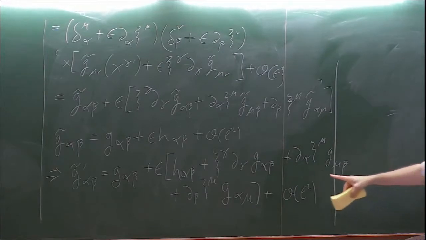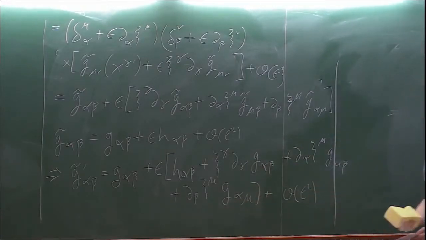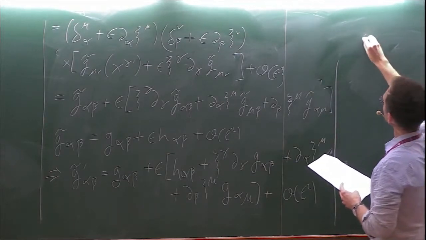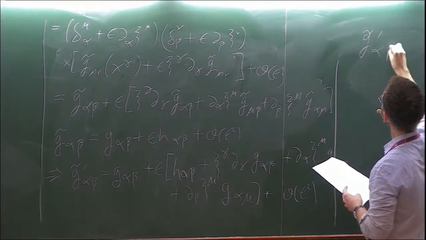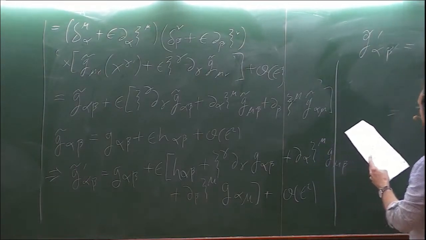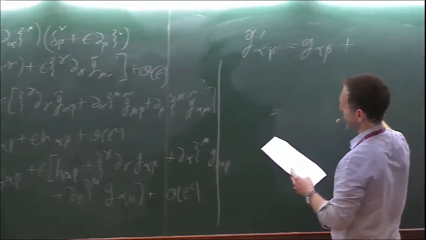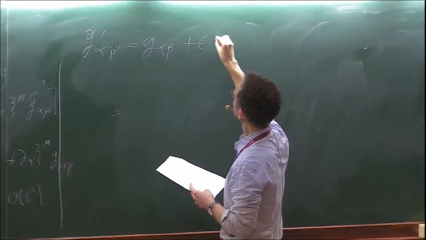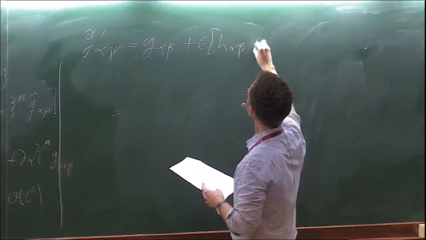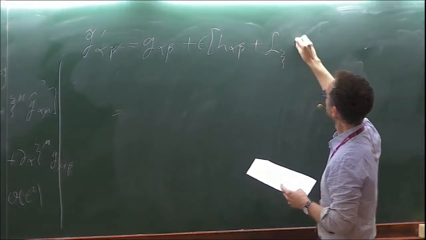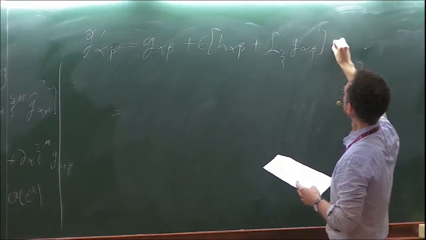Now, does anyone recognize what these three terms can be written as? What's that? Exactly, Lie derivative. So what we have here is that g tilde prime alpha beta is equal to g alpha beta plus epsilon times h alpha beta plus the Lie derivative along xi of the background metric.